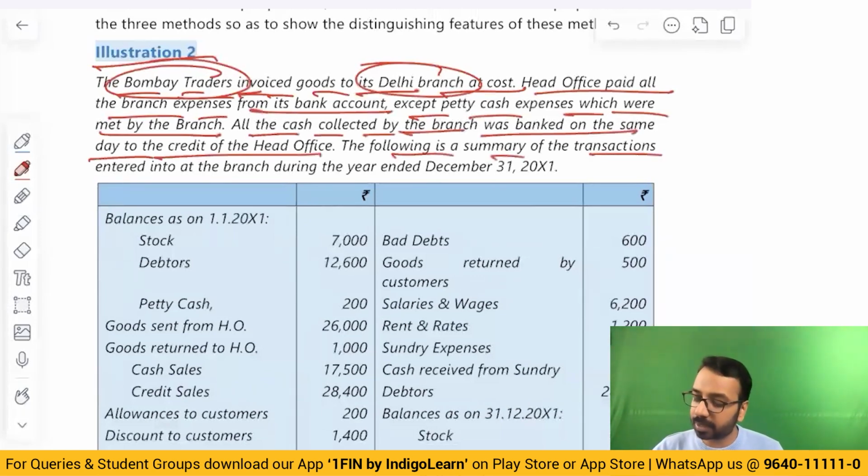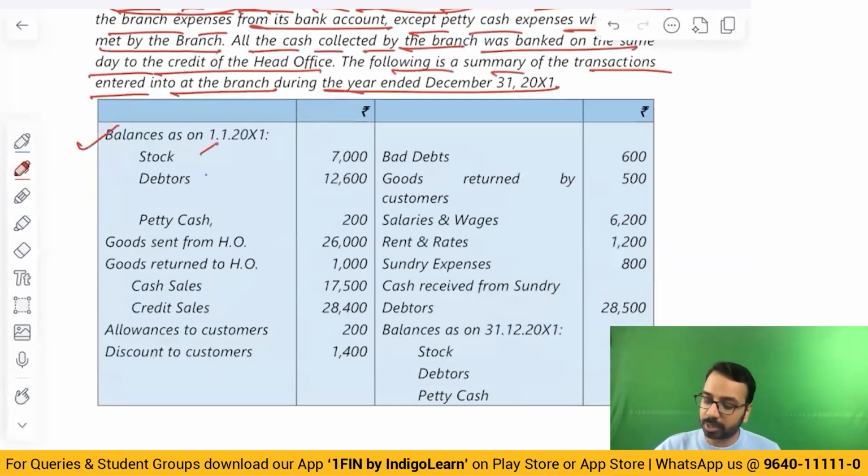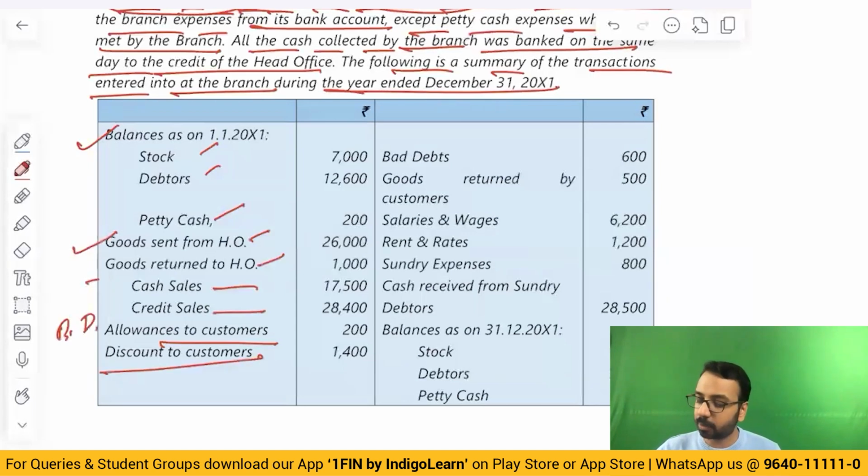The following is the summary of transactions entered into at the branch during the year ended 31st December of year 1. So you have opening balances, stock, debtors, cash, goods sent from head office, goods returned to head office, cash sales, credit sales, allowance to customers, discount to customers, bad debt 600. Allowances could be something free that has been given, some kind of refreshments.